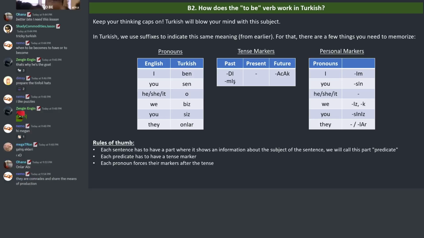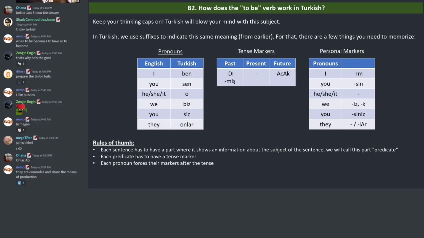We can just call it the part of the sentence that shows information about the sentence. Like in the Turkish way, when I say ben yapacağım, the yapacağım part is my predicate. It shows me information about the subject, like ben by the ending, and then the tense, yapacağım.